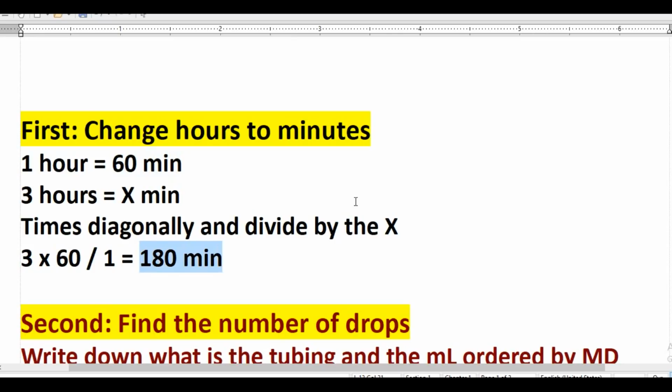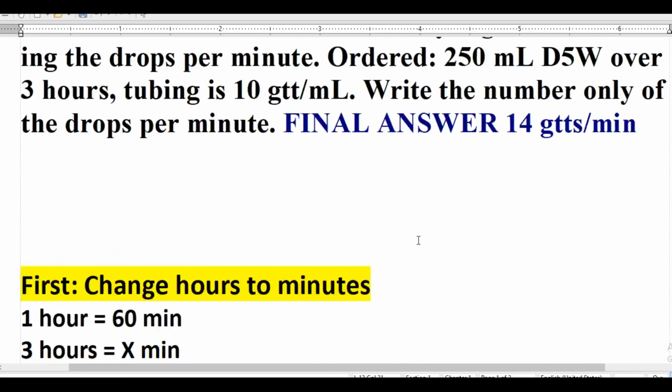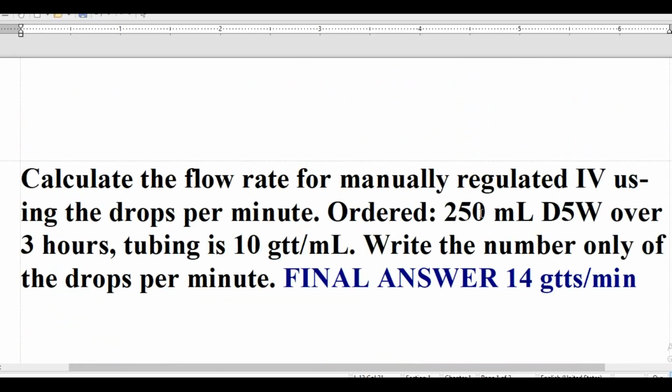Now put that aside. Second, you want to find the number of drops. So write down what the tubing is and what the doctor ordered. Now let's look again. The doctor ordered 250 milliliters. We want to find out how many drops we have to give for 250 milliliters.